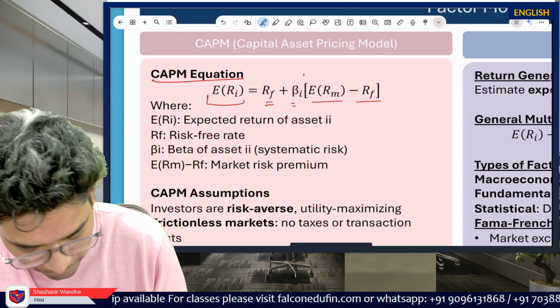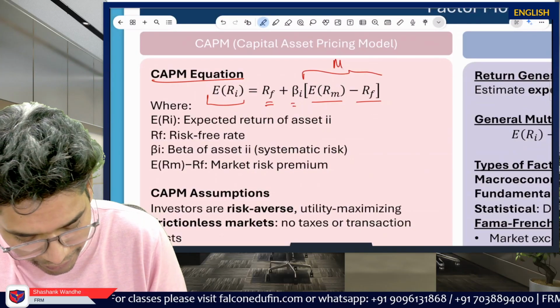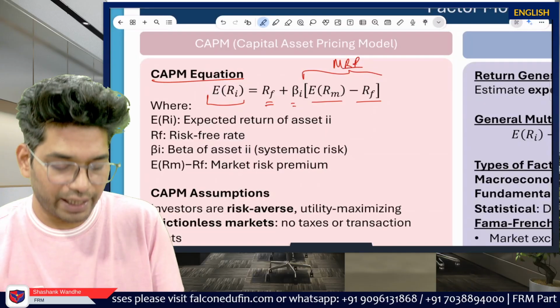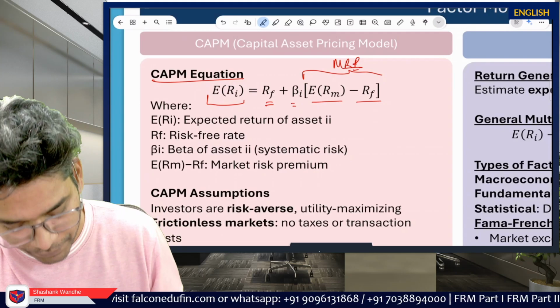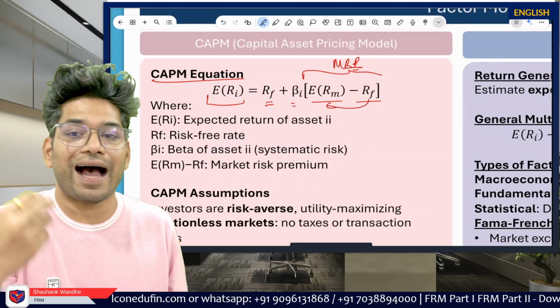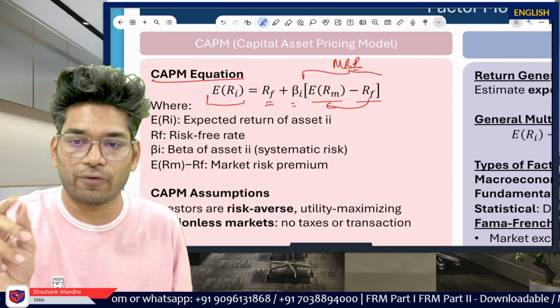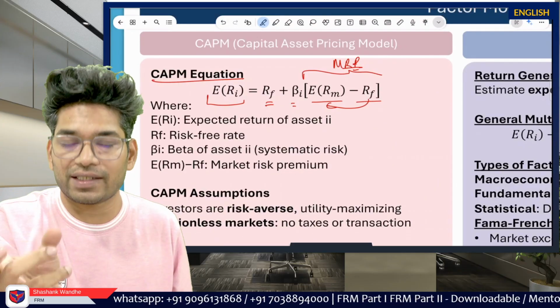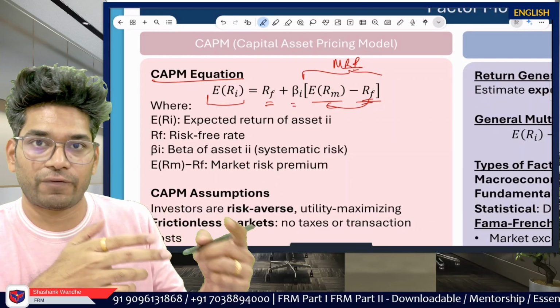Let's understand the first term here. The RM minus RF is the market risk premium. That is the return the market produced above the risk-free rate. In alternate words, how much you are earning extra by choosing to invest in the market portfolio instead of investing in the risk-free securities.